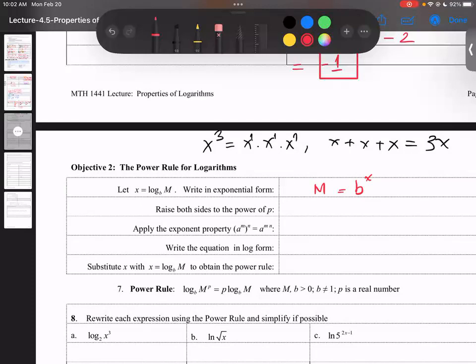And then step 2 says raise both sides to the power of p, like this. So far, so good?